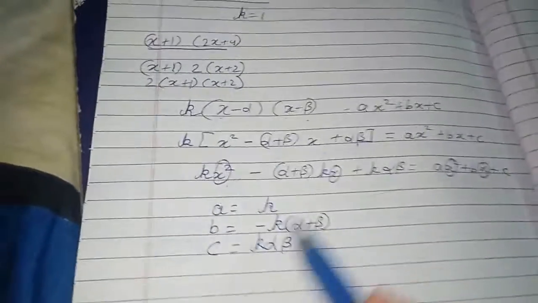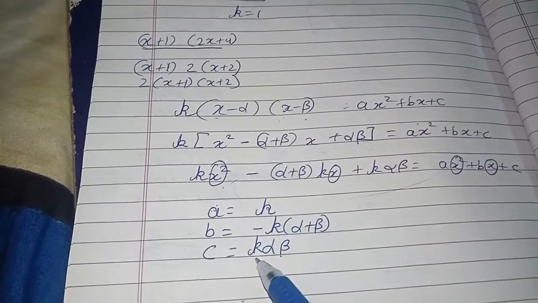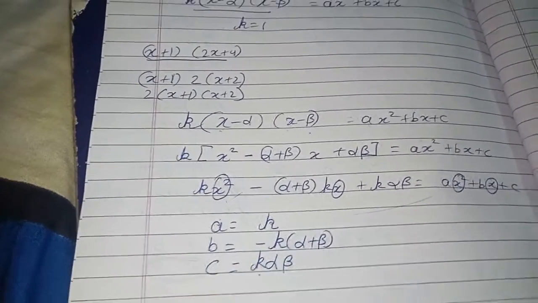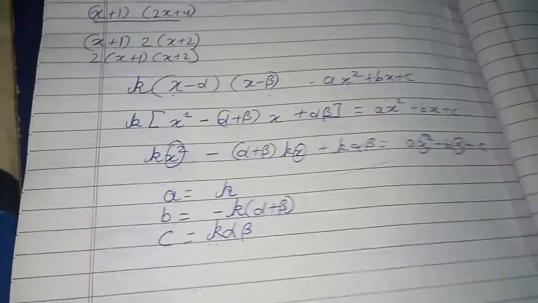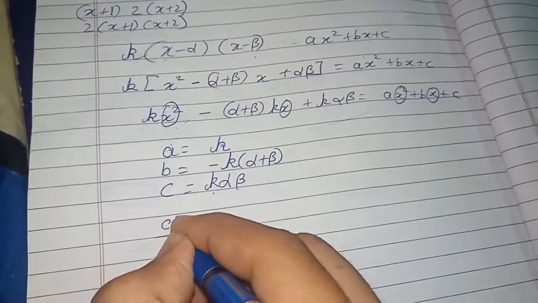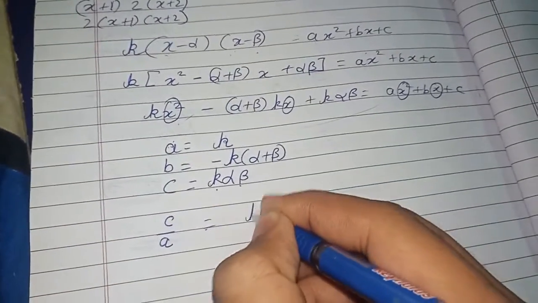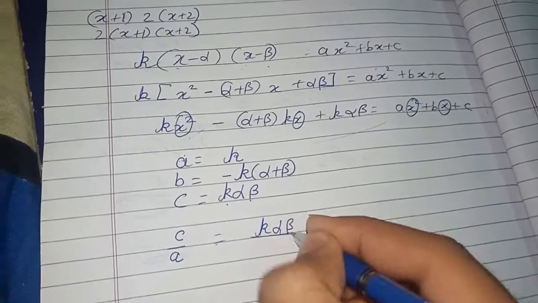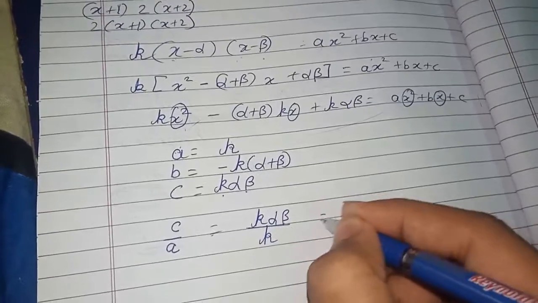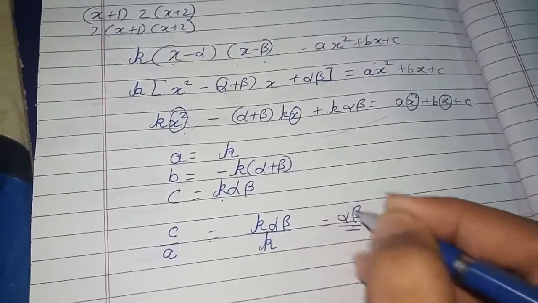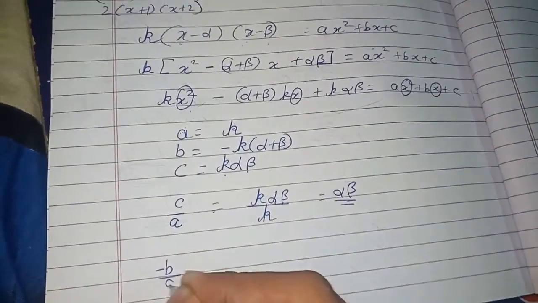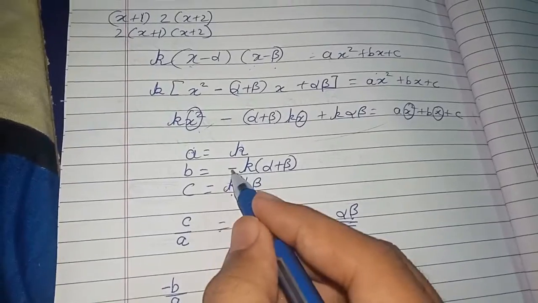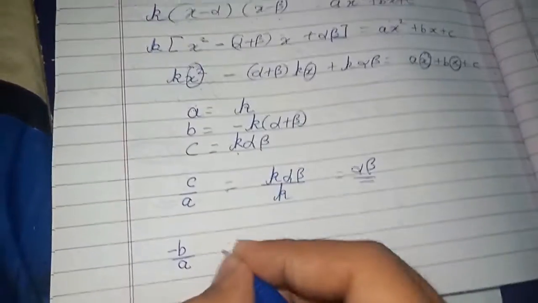So here observe one thing, I told you that k would get cancelled. If you take any fraction, k would automatically get cancelled. So now let's take c by a. Then we will get k alpha beta upon k, which is equal to alpha beta. Whoa, we got a value. Now let's take minus b by a, because here minus is there, to make it positive let's take minus.